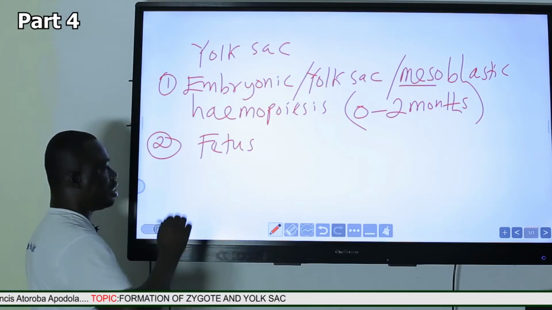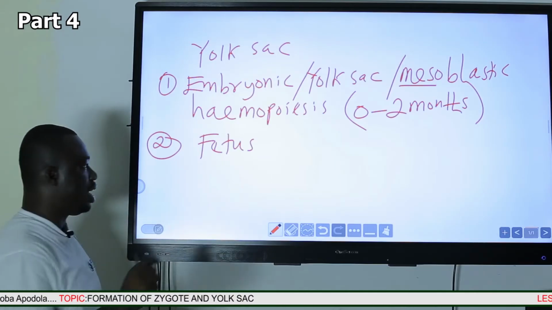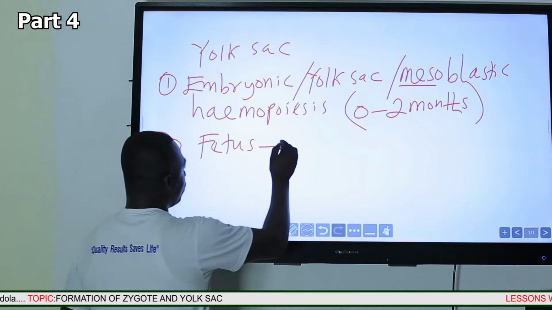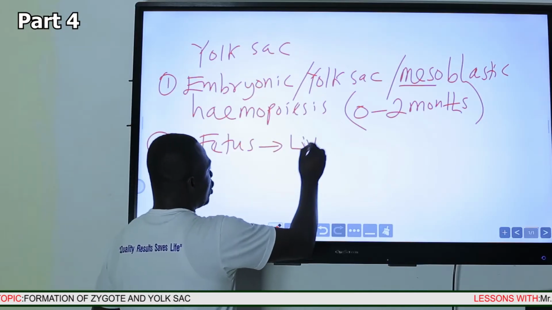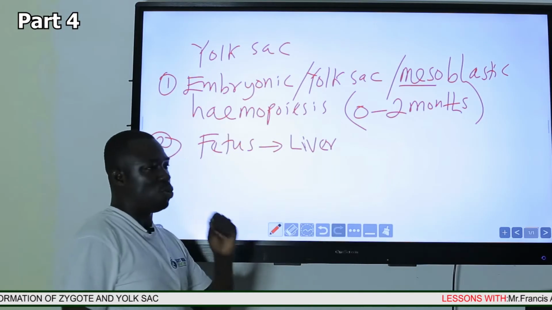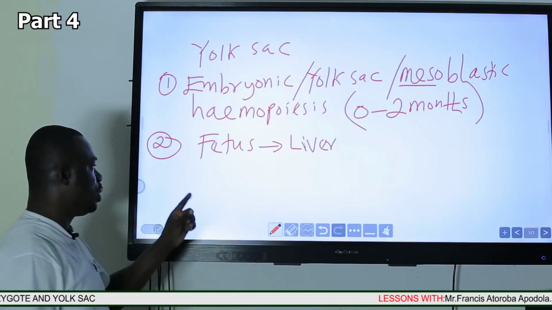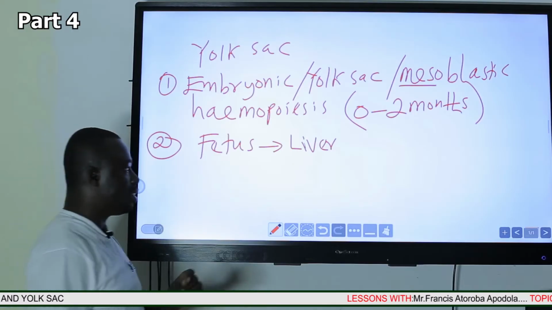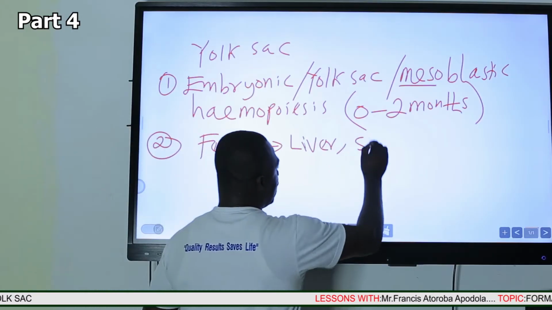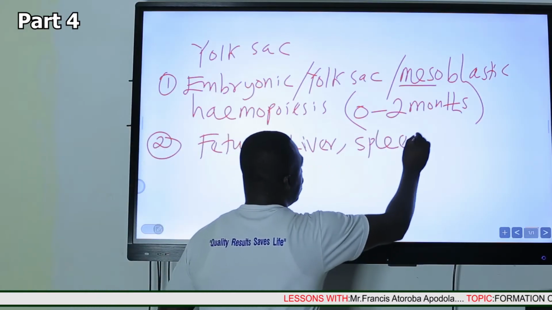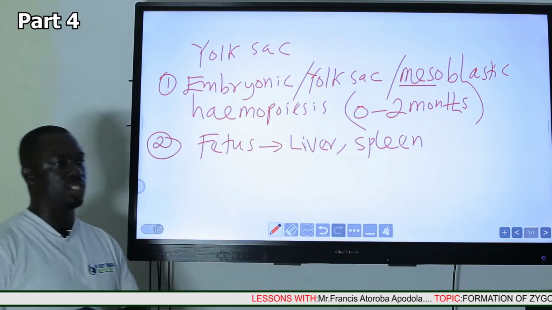At the fetal stage, important organs like the liver begin to appear. The liver happens to be the first hematopoietic organ to appear in the fetal stage, and later the spleen comes in to contribute to the production of blood cells.